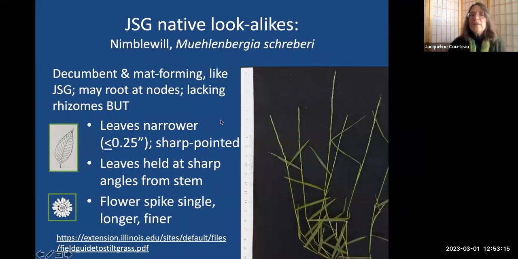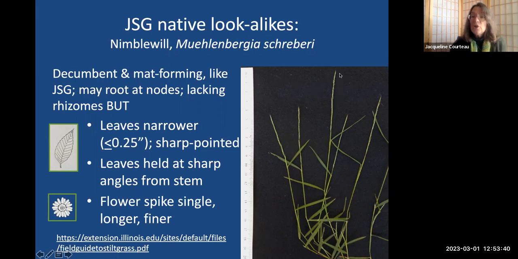Similarly, Nimblewill, Muhlenbergia schreberi, can look somewhat similar because it's also decumbent and mat forming, and it may root at the nodes, but the leaves are much narrower, again not having that stripe. The leaves are held at a really sharp angle from the stem, not quite as upright. And the flower spike is just a single spike.